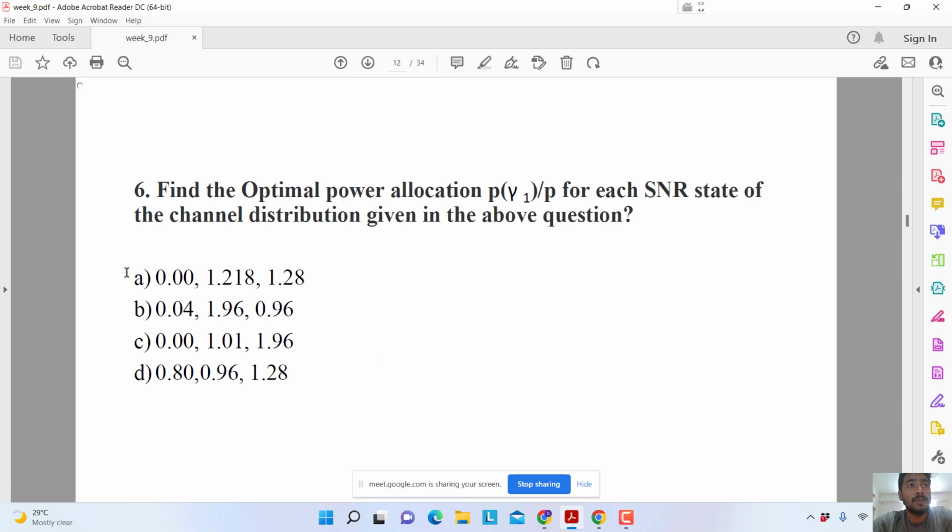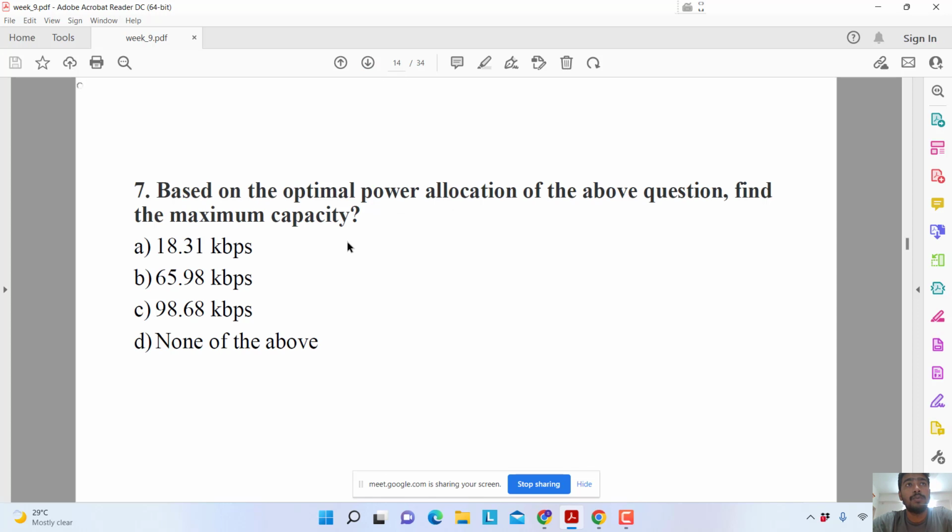Please try this. To calculate the maximum capacity, we will consider gamma 2 and gamma 3. We will not consider gamma 1.